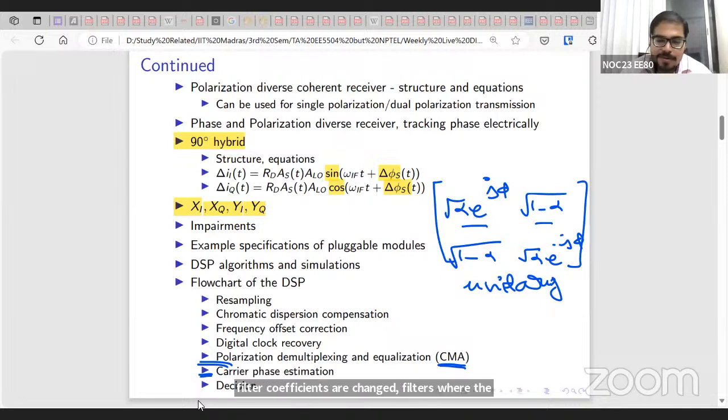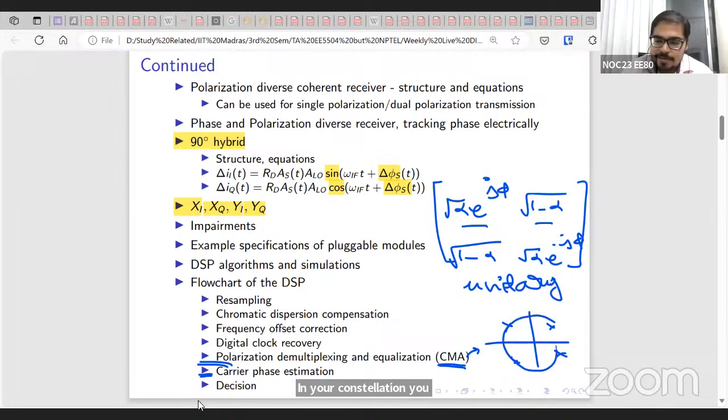So in this constant modulus algorithm, if you're sending QPSK data, in your constellation you know that all of the constellation points should lie on the same circle. It should be the same amplitude.